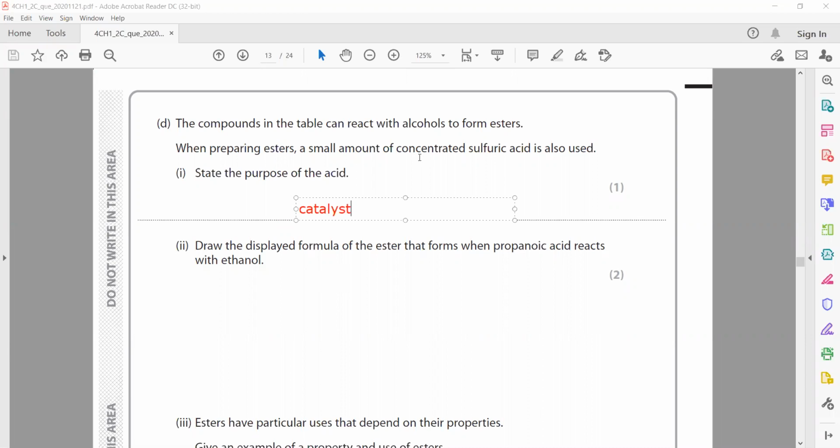Draw a displayed formula of the ester when propanoic acid reacts with ethanol. So as a result, the first name of the ester comes from the alcohol.